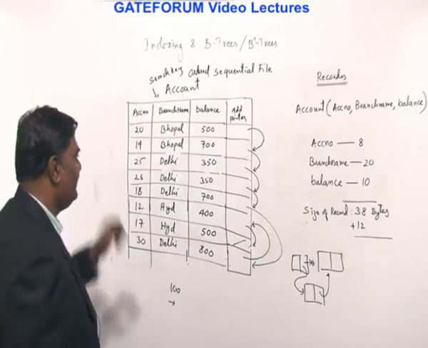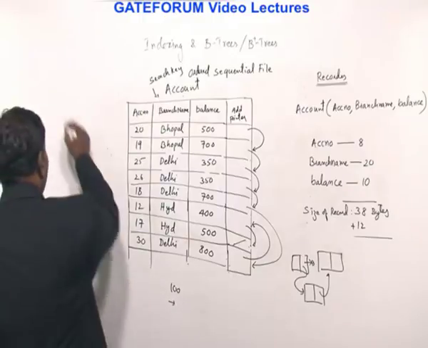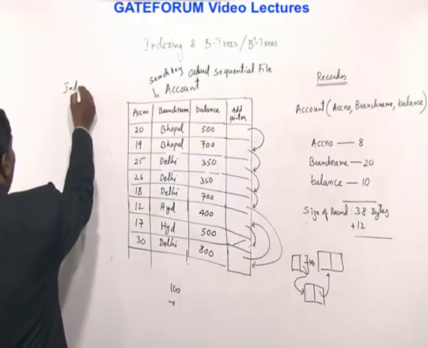Now, if the search is more frequent on this one, one thing is you have ordered it. Now, to make the search faster, you can add an index.